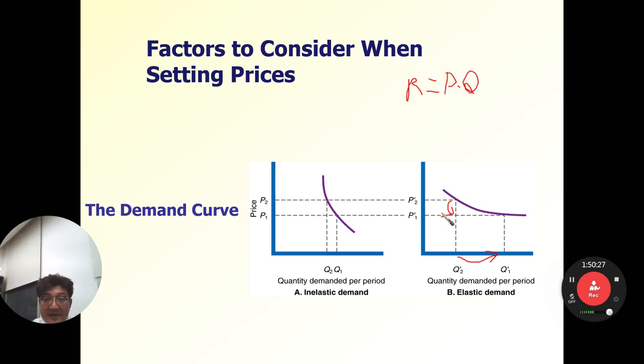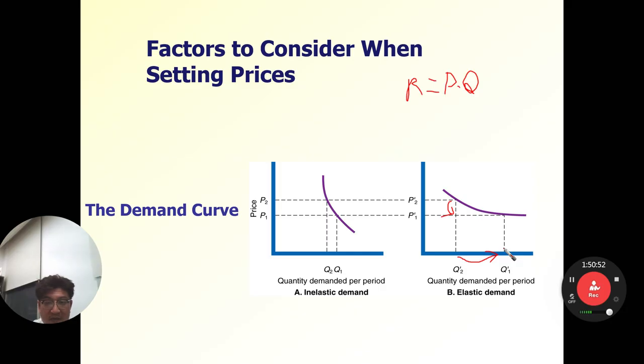So P times Q is actually the size of this rectangle. When we have P2 and Q2, the revenue is about this much. But when we decrease the price to P1, our revenue is about this.